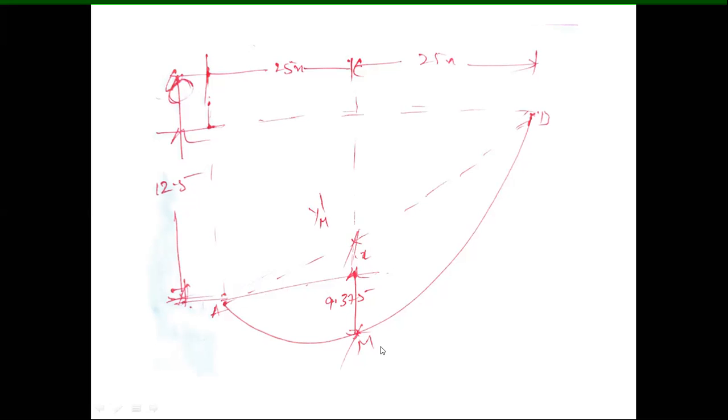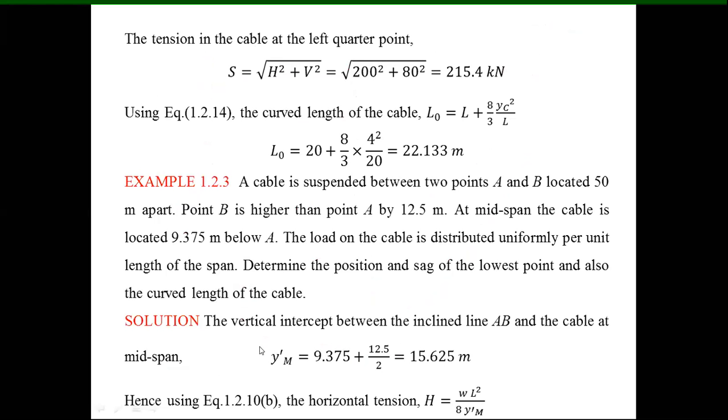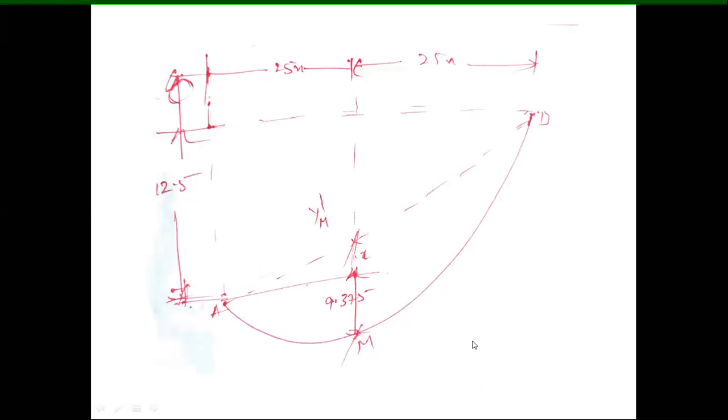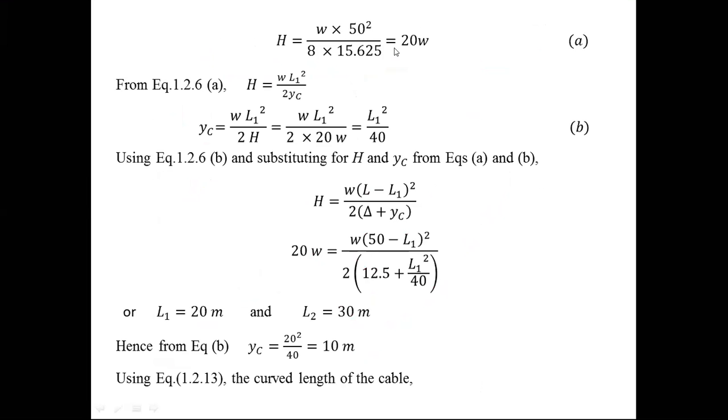When the x value is 12.5/2, then use H is equal to MB by y dash m. What is MB? It is subjected to a uniformly distributed load, so it is WL squared by y dash m, and that will be substituted. You got H is equal to 20W. But you know y is equal to WL1 squared by 2H from the derivation.